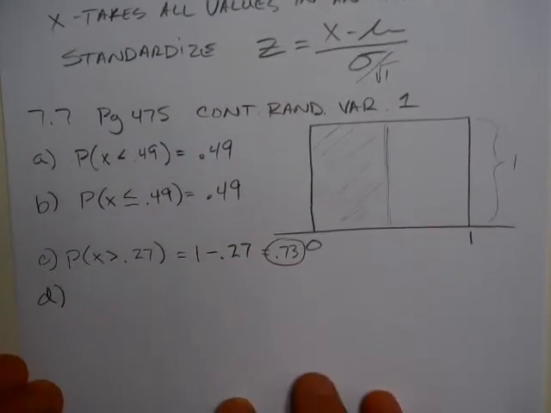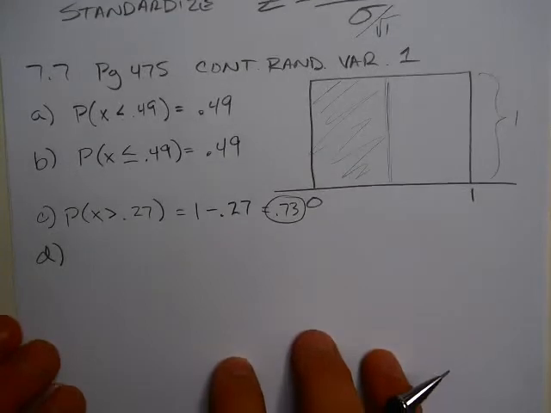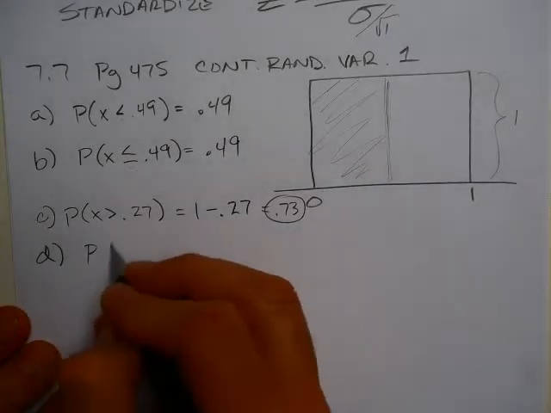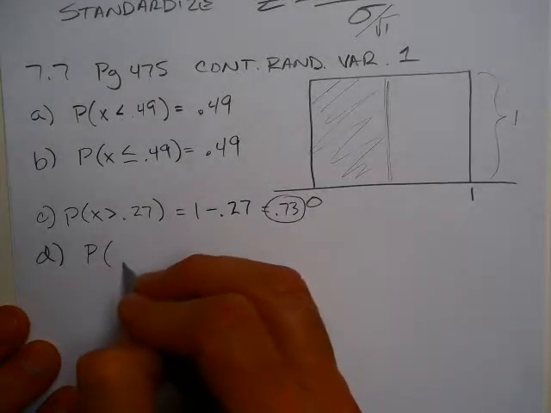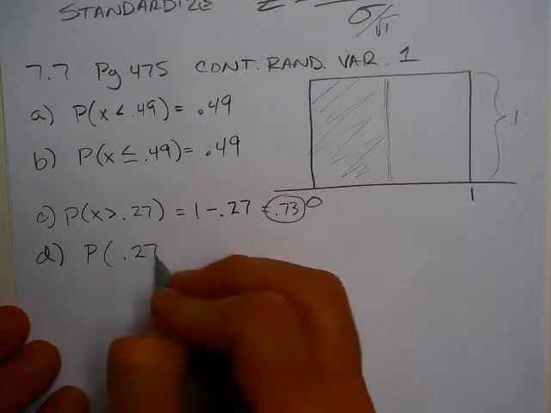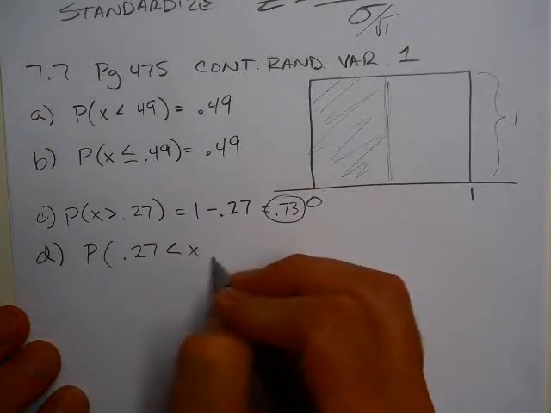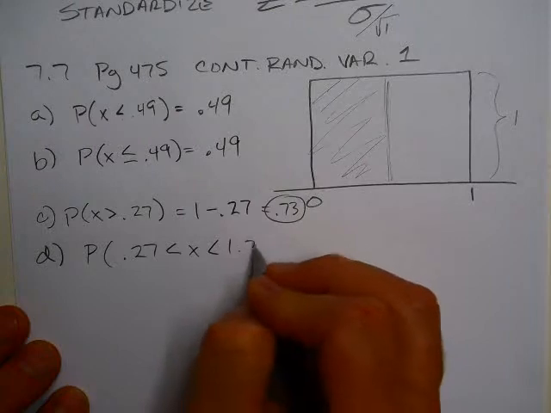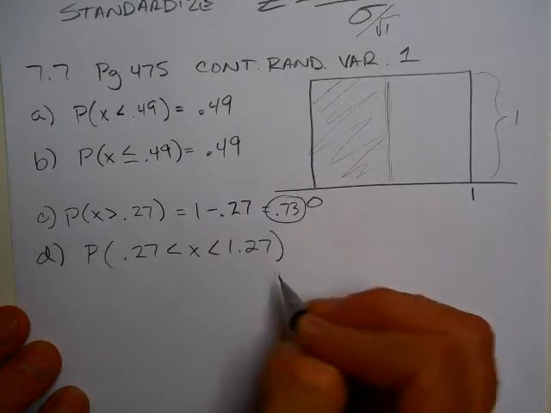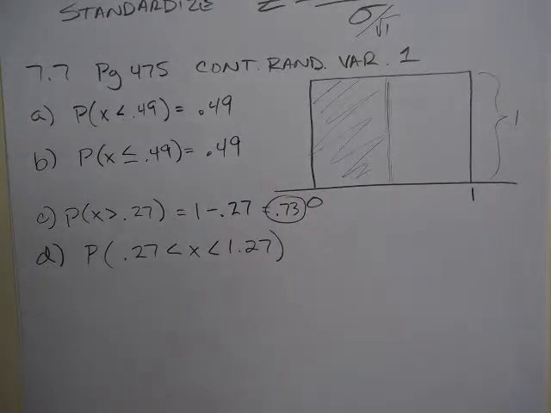D asks us, what's the probability that x is between 0.27 and 1.27? Anybody see a problem with that? Yeah, you're right.